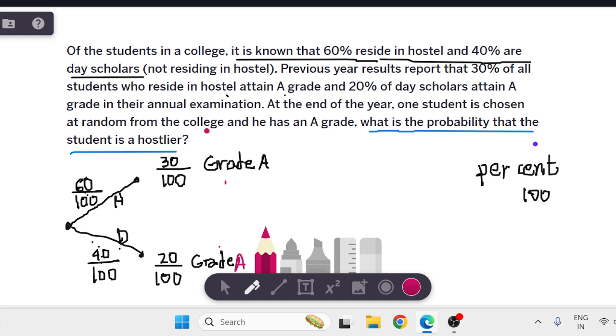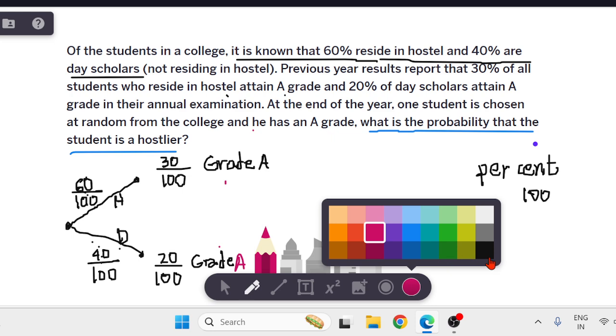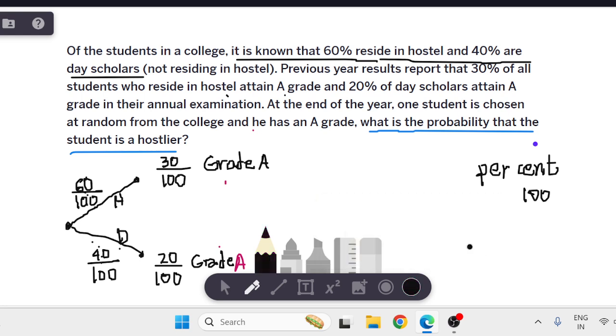Now, at the end of the year, one student is chosen at random and he got grade A. So here is the catch. This 30% we have already covered as a second branch, and 20% also we got.